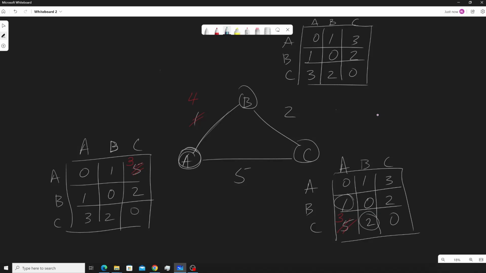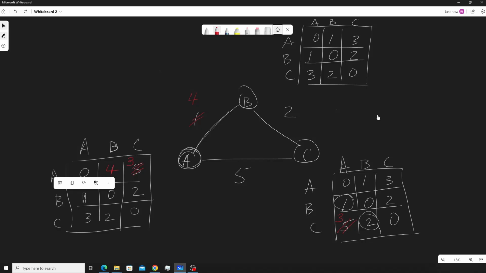So this needs to be updated to 4. And this also needs to be updated to be 4. Okay, so this needs to be updated to 4, this needs to be updated to 4, this needs to be updated to 4.